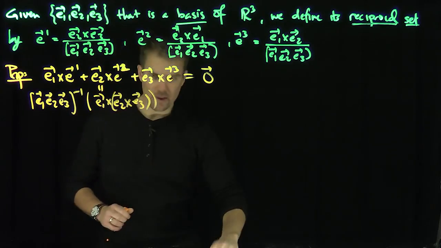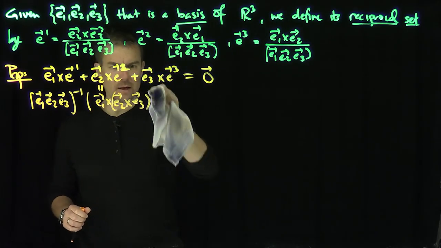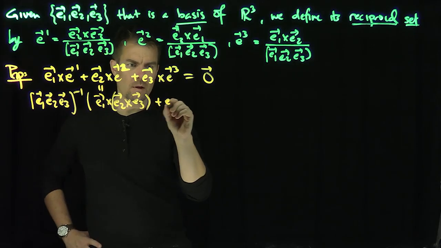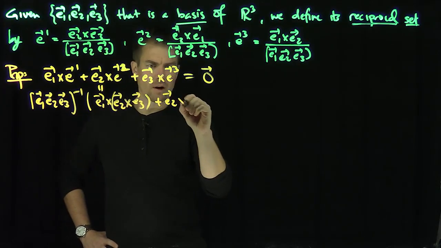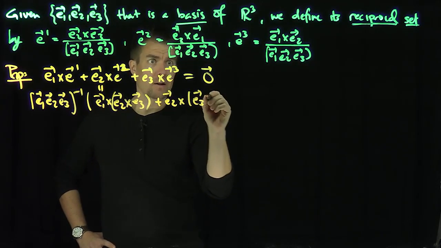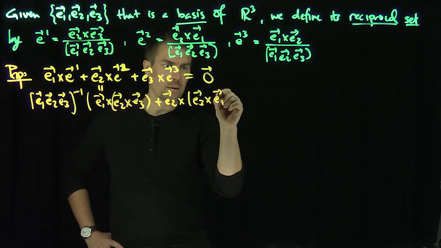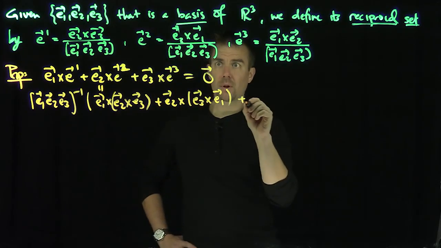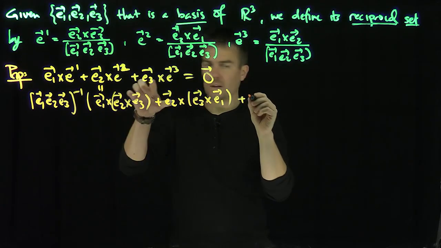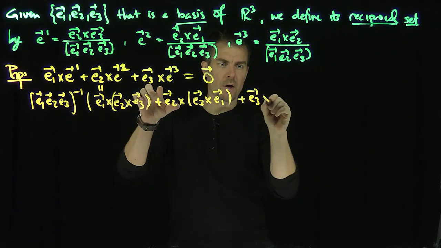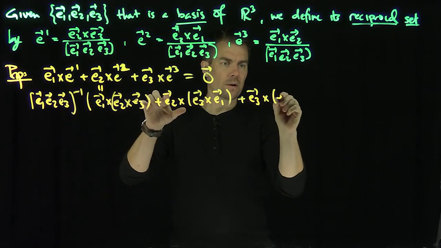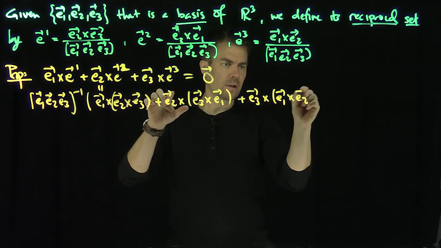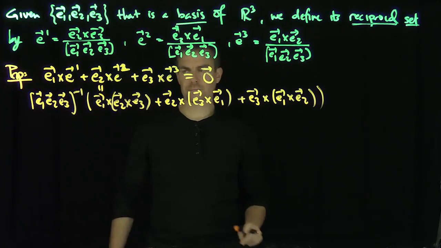And then the next thing is going to be an E2 lower cross E3 cross E1. And then finally a plus E3 lower cross E1 cross E2, like that, okay?